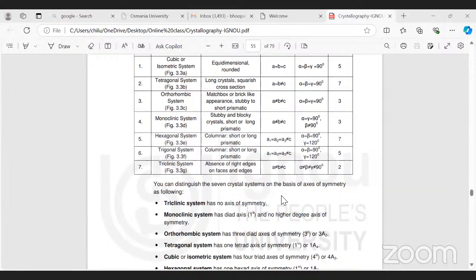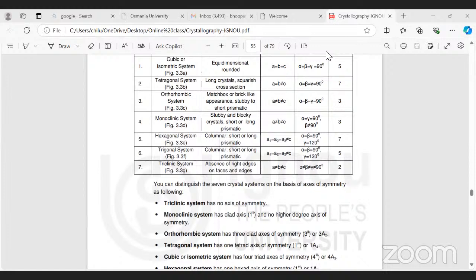Here alpha is equal to beta is equal to 90 degrees, whereas gamma is equal to 120 degrees. The horizontal axes intersect at 120 degrees, and it is classified into seven classes.